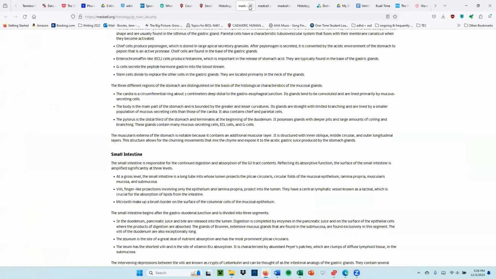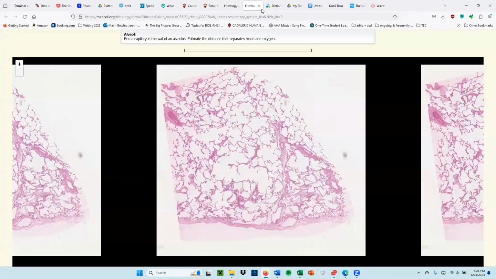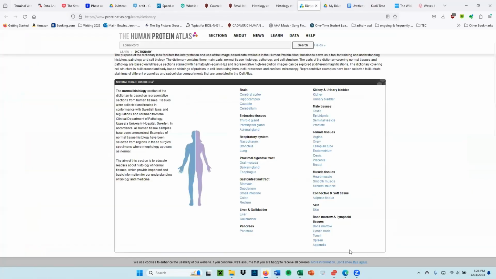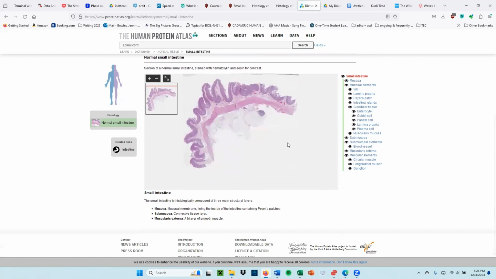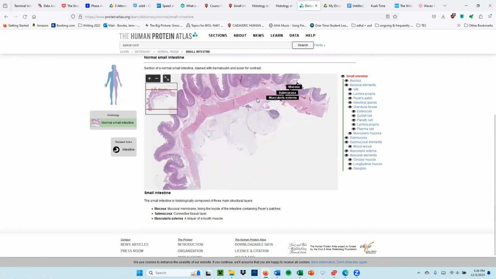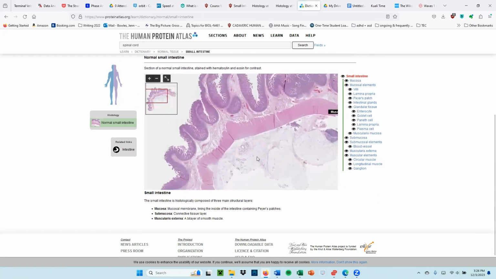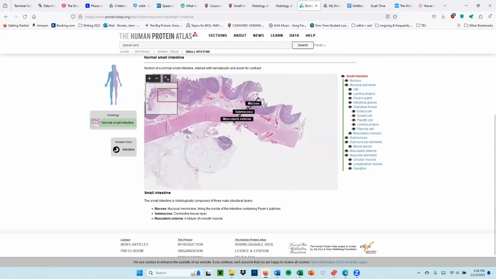And then we can use the Human Protein Atlas to look at some parts of the digestive tract. So let's start with the small intestine. All right, so this one, I believe, combines two parts of the small intestine.